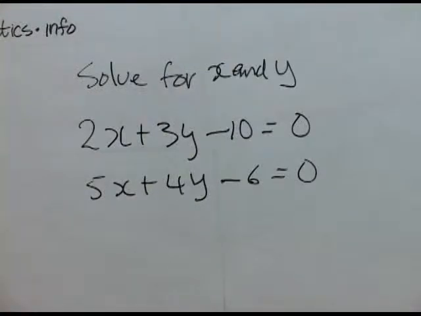Look at it. 2x plus 3y minus 10 is equal to 0. 5x plus 4y minus 6 is equal to 0. Do not panic because you're in the examination room. Look and see what it is. Does it look like anything you would have done in your life?